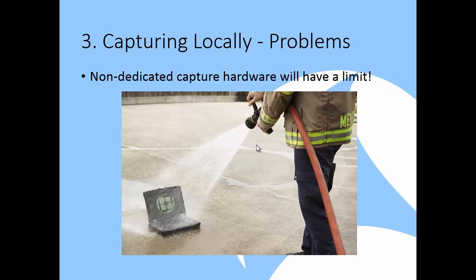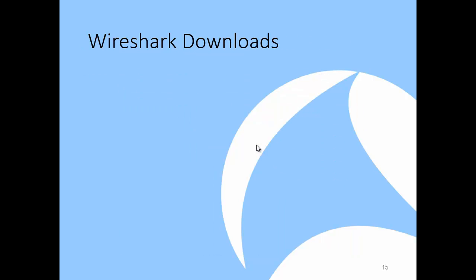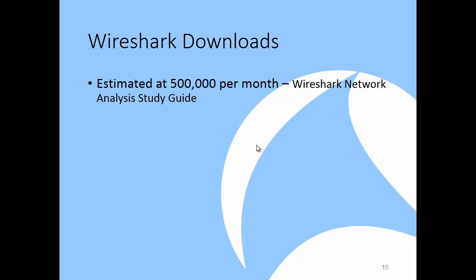Also with capturing locally, capturing on an end station, it's important to know that non-dedicated capture hardware has a limit. In this screenshot we see the fireman fire hosing packets at a laptop. Well, this is effectively what we do when we put a laptop in a situation where it doesn't have the capability of keeping up with the ingress traffic stream. Now how bad does this get? Let's think about this for a moment.